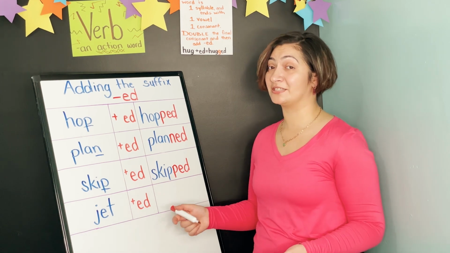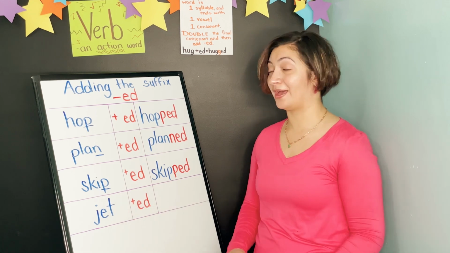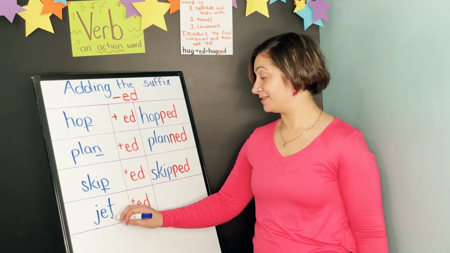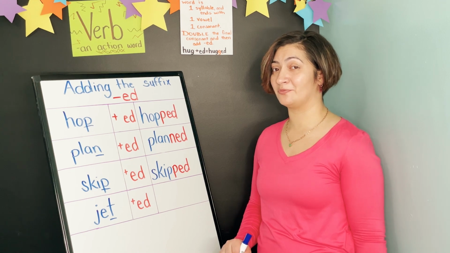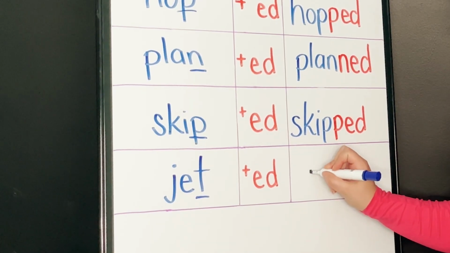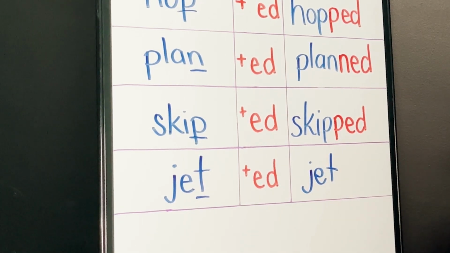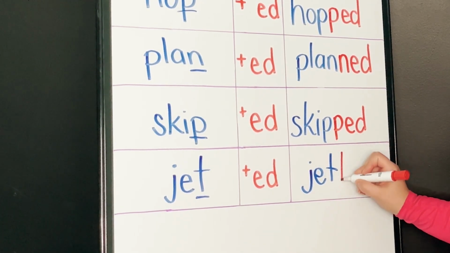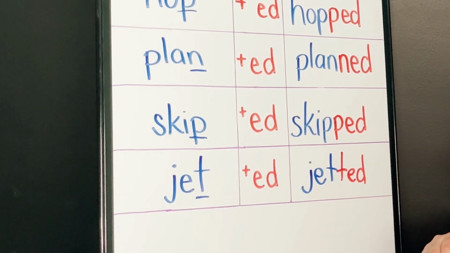So jet is a one-syllable word. Jet. It ends with one vowel, one consonant. There's our final consonant. Go ahead and try spelling the word jetted. All right, let's check your work, scholars. So remember, we keep jet, double that final consonant, and then add ED. Jetted.